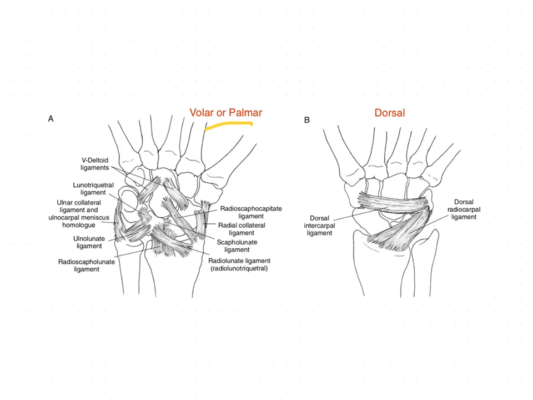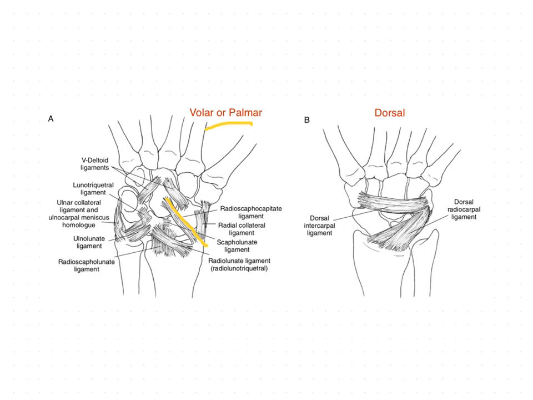One is the radioscaphocapitate. So here you can see this one, radioscaphocapitate. It is also called the radiocapitate ligament. And another band is radiolunate, which is short and long.